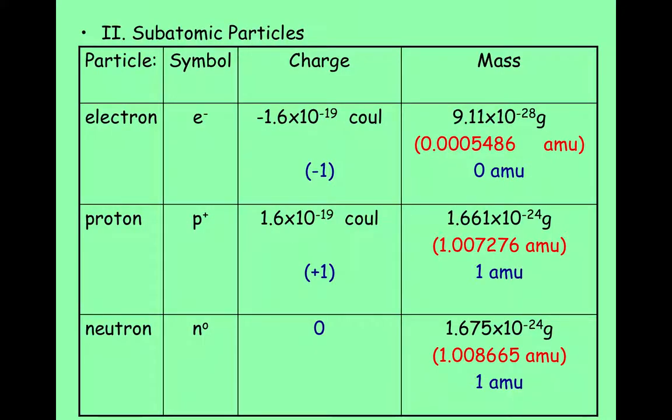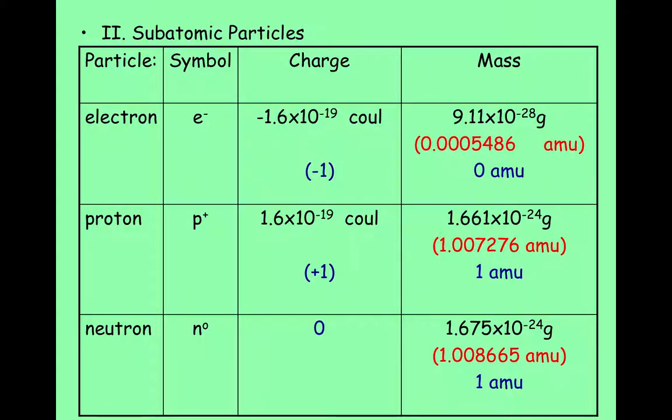This chart here is very, very important. It pulls together all the information that scientists concluded about the subatomic particles: the electron, the proton, and the neutron. We can see symbols there that we'll use a lot: e-, p+, and n0.